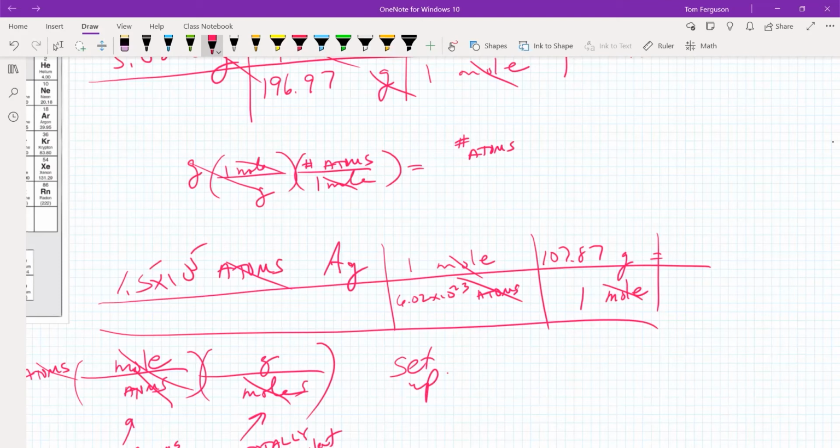Okay, so 1.5 times 10 to the 5th times 107.87 divided by 6.02 times 10 to the 23rd. Okay, so we're looking at 2.69 times 10 to the negative 17th grams.